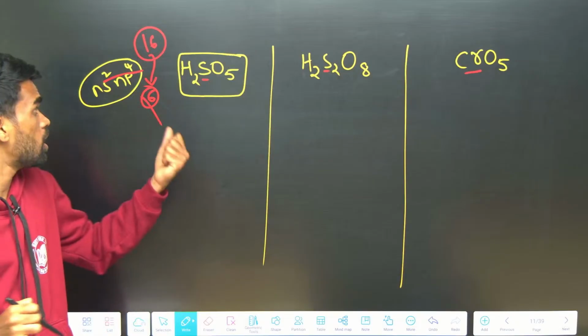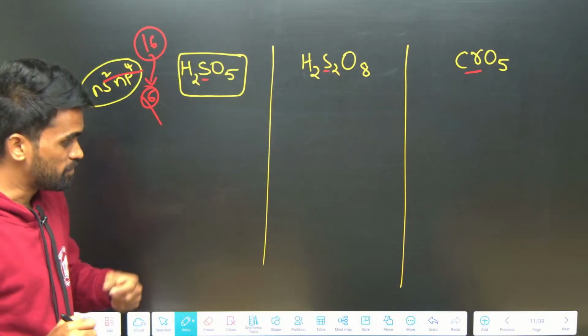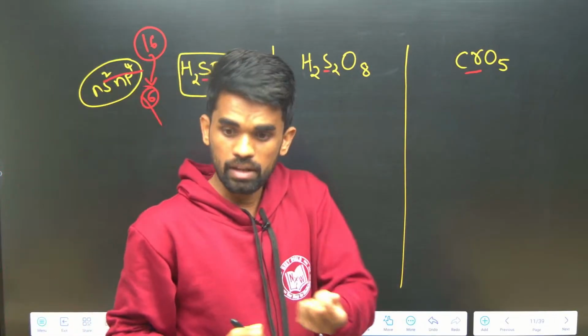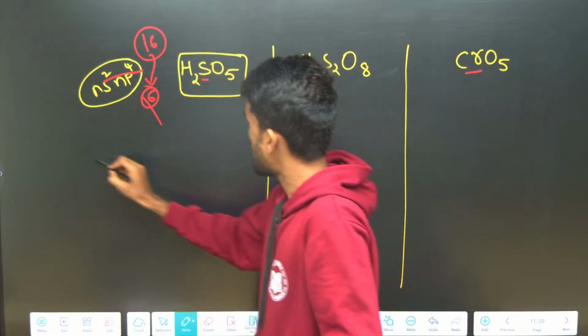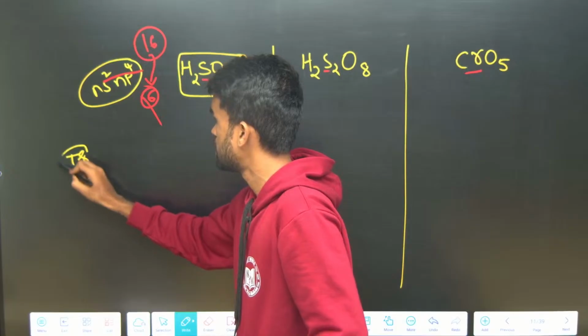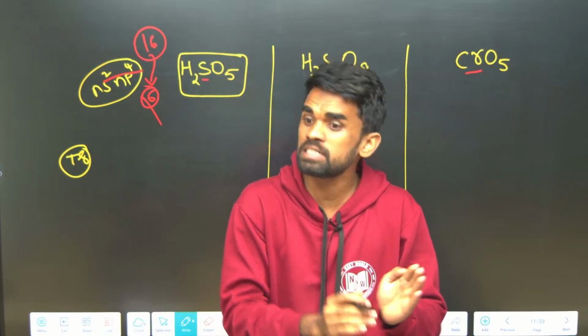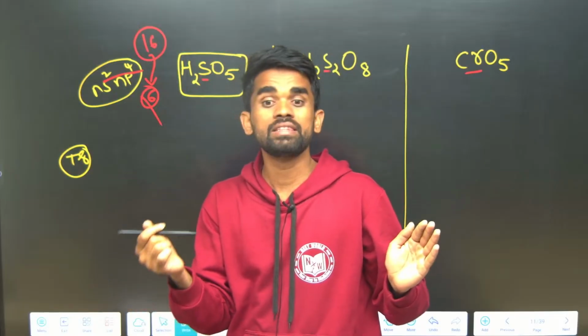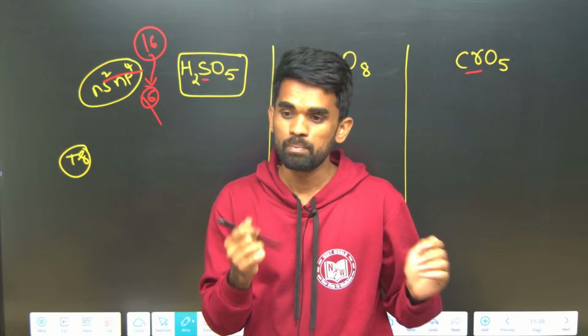So now its oxidation state should be calculated from its structure. Whenever the calculated oxidation state you got is plus 8, see, when the calculated oxidation state is greater than its maximum oxidation state, there exist peroxy bonds.